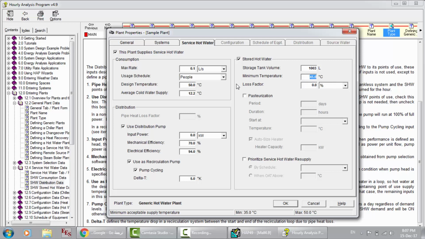So the hot water temperature will vary from 45 to 50. Also, the loss factor may be a percentage or it may be watt per liter per Kelvin, according to the size or the volume of the tank and the temperature difference between the design temperature and the average cold water supply.